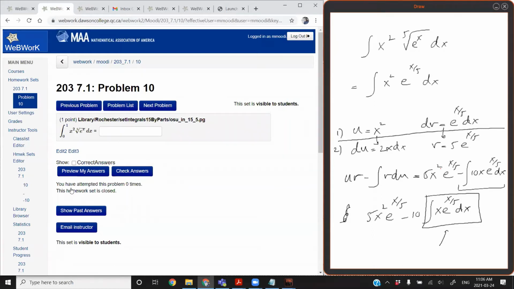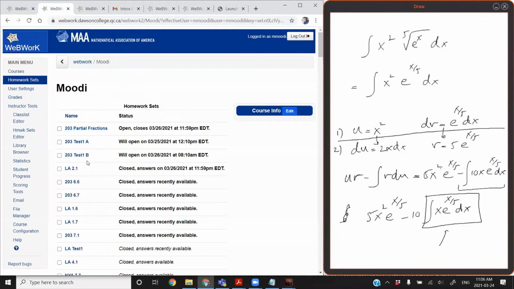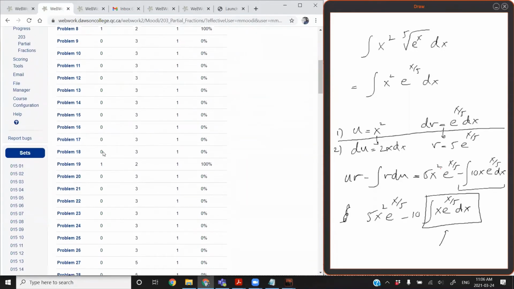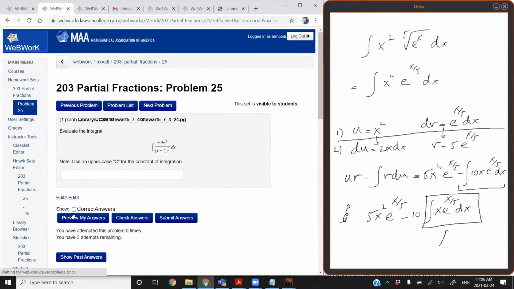Sir, I have a question. I asked about number 25 earlier. Is the answer supposed to be super long? 25, of partial fractions? Yeah. I haven't done that, but did you do the division? Yeah. Okay. Then you have to do the integral.